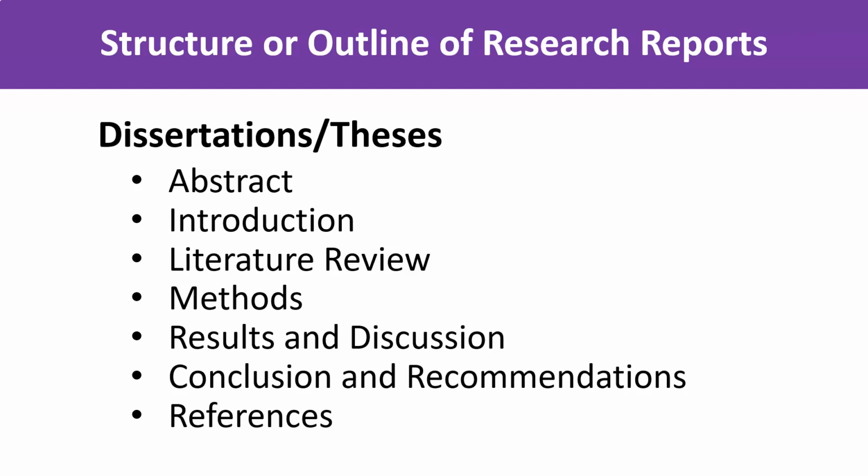You have the table of contents, all those details before you now come to the body, which will contain all the things I have listed here: the abstract, the introduction, the literature review, the methods, the results and discussion, and then conclusion and recommendations, as well as references. We'll still talk on each of these, so as to explain what should go under each of them.